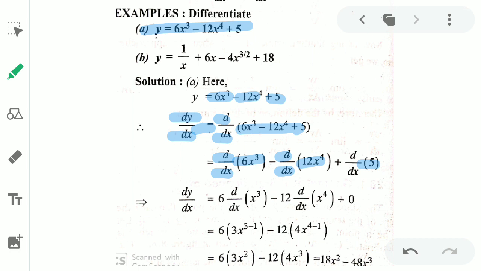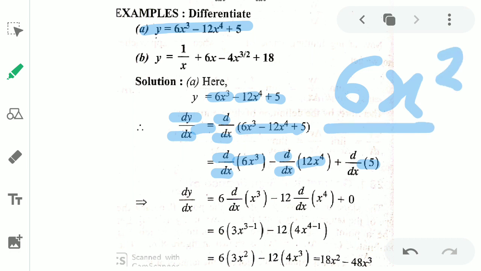If a number like 6 is multiplied with a variable quantity, in that case we keep the number the same. You cannot say the derivative of 6 is constant, so zero. No. In that case, if the x value varies, the complete term value also depends upon x, so the 6 cannot be 0. So 6 remains the same.